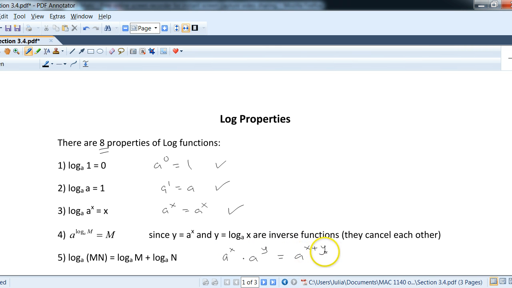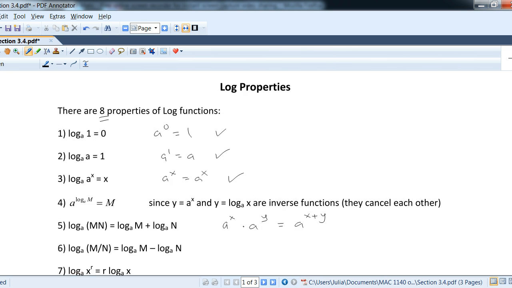We add the exponents. It's kind of the same idea. If log is the exponent, well, the log of the product becomes the sum of two different logarithms, which means you see how the exponents become the sum. It's kind of the same idea.